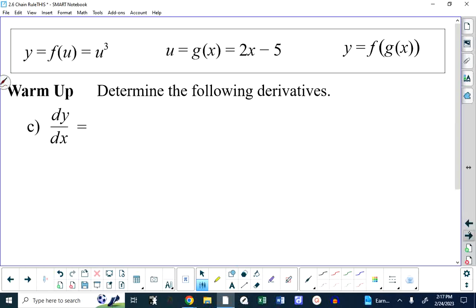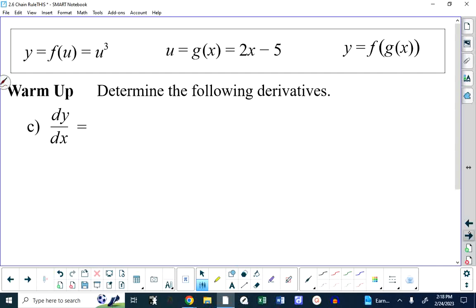If I want dy dx, I need a function for y in terms of x. And y is f of g of x. But g of x is 2x minus 5. So y is f of 2x minus 5. But f of u is u cubed.